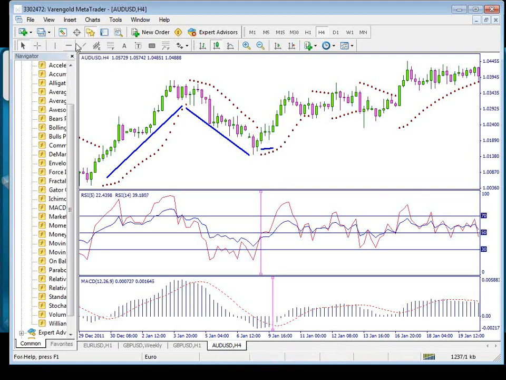After my position is going into the positive area, I will change the stop loss.